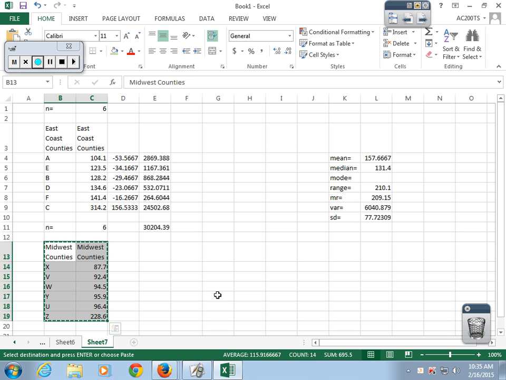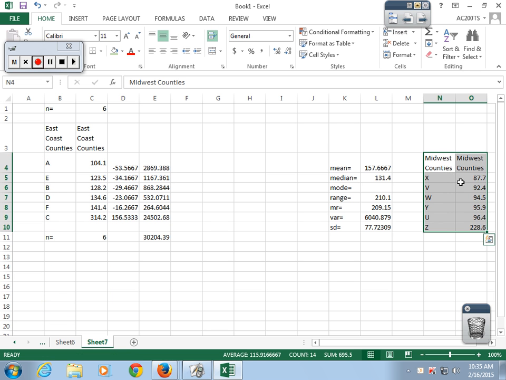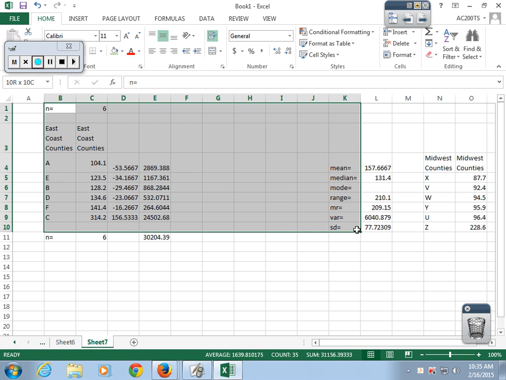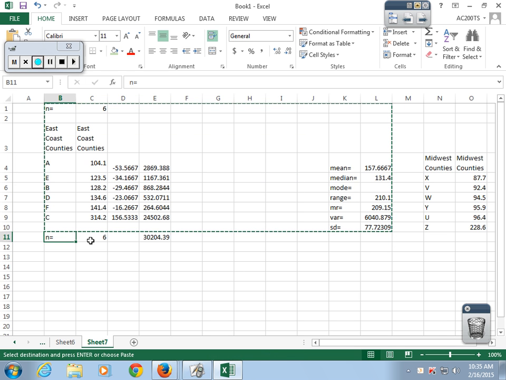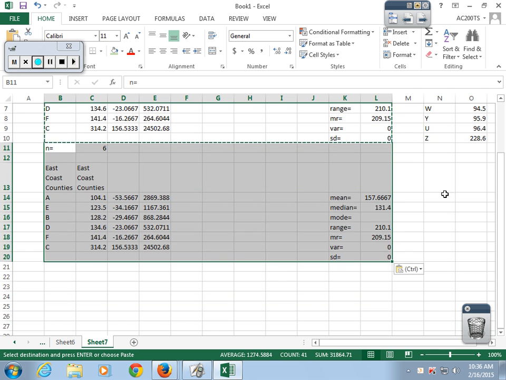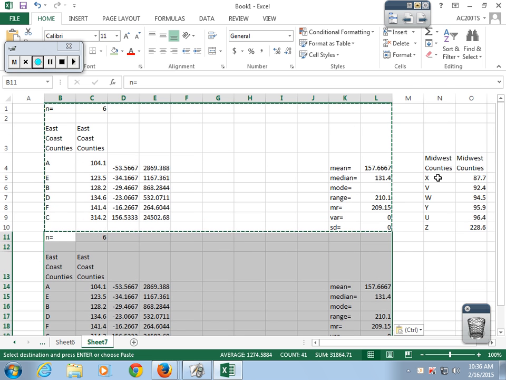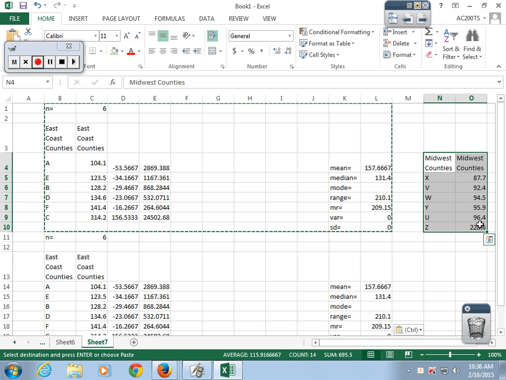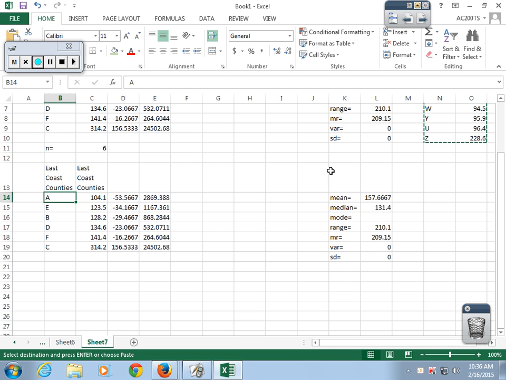Control X, put it over here, Control V, copy all this, Control C, Control V, and then all we have to do is take this information and copy it.